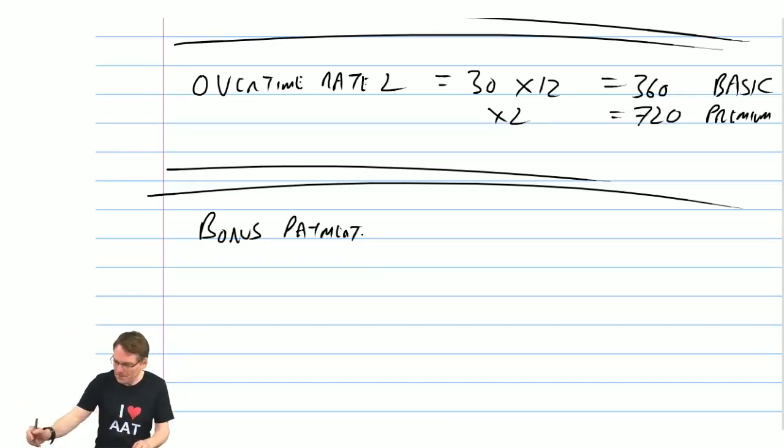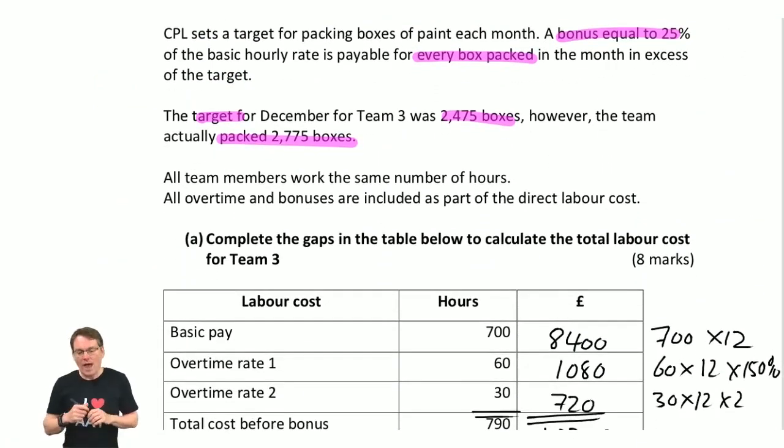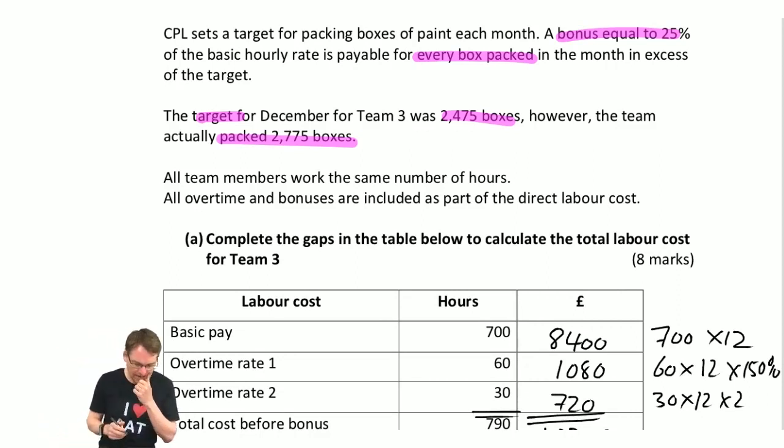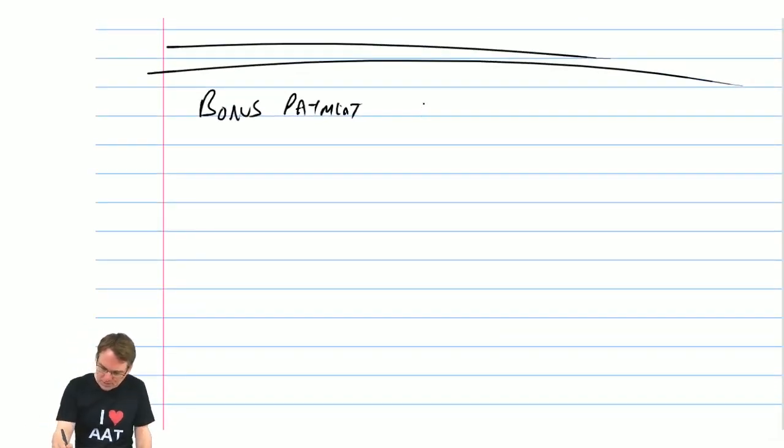So the bonus payment, remember, is based on how many boxes they packed above the target. Well, the target was 2475 and they actually packed 2775. So the bonus payment is based on the excess boxes.